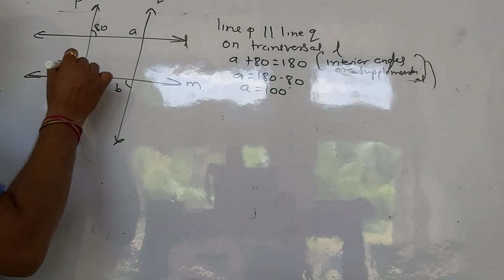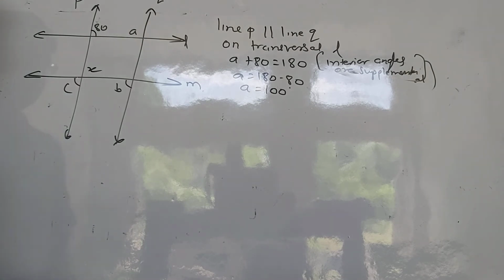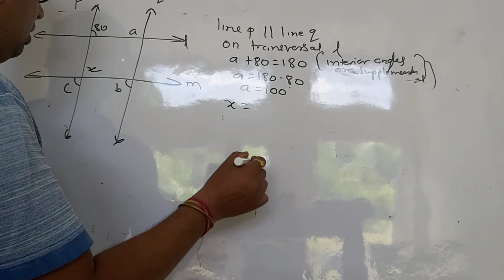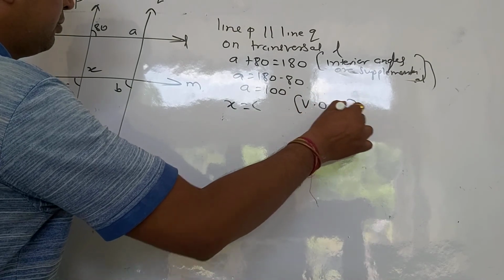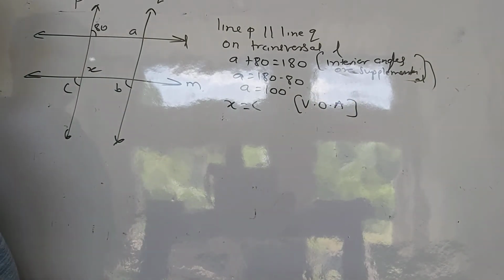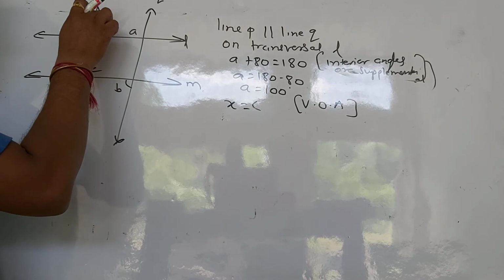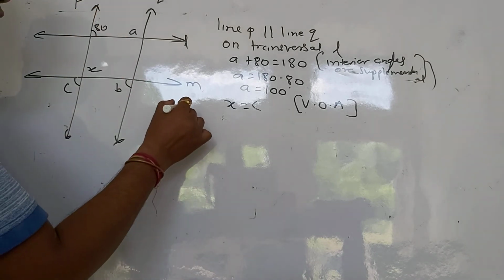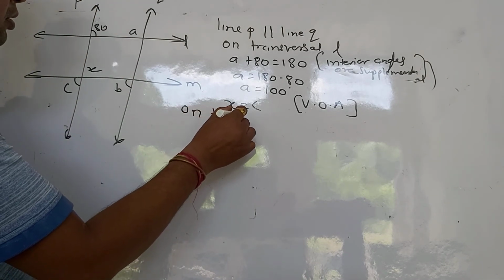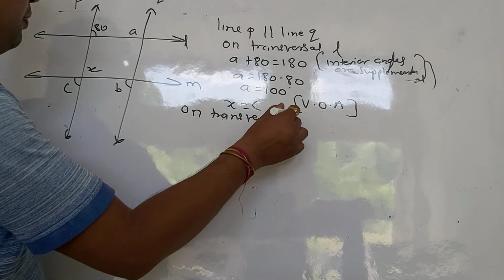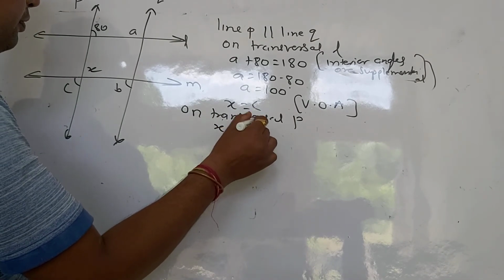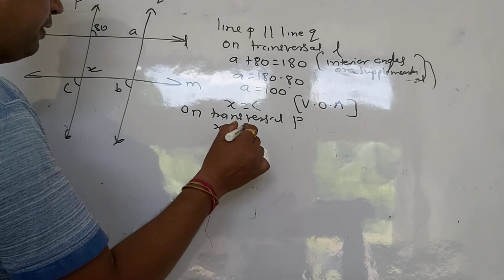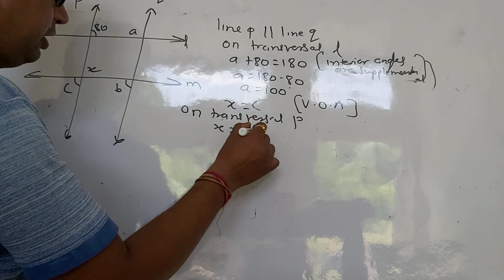Now we will take one variable as x. X is equal to C. Reason we can give vertically opposite angles. Now this x and 80, these both are equal. So on transversal P, x is equal to 80 degrees.